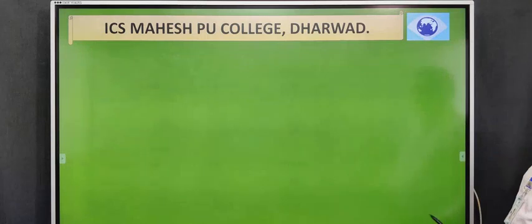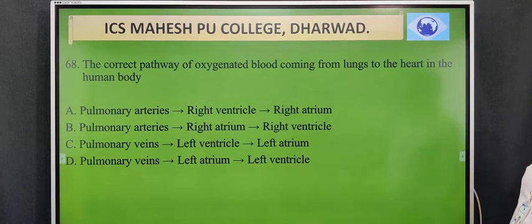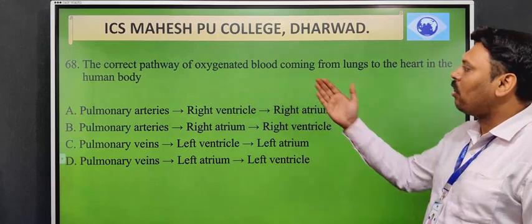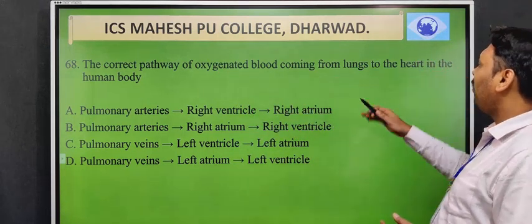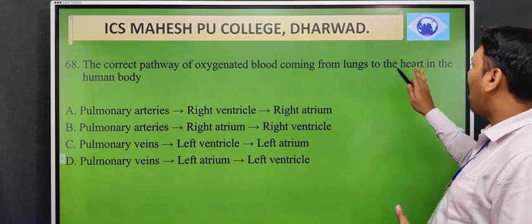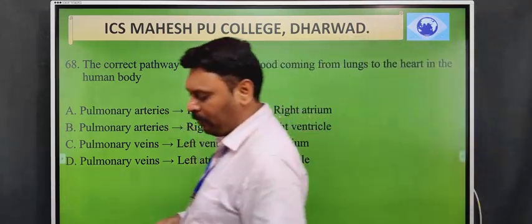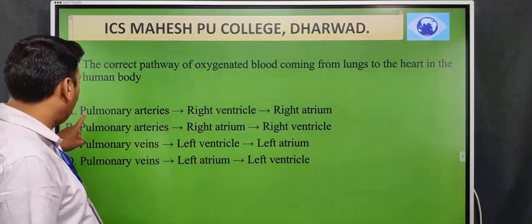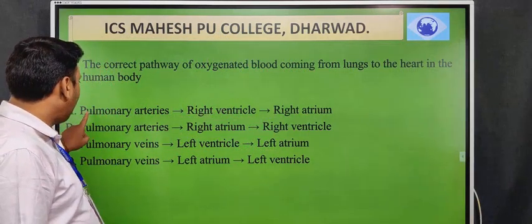Let us go to the next question, the 68th question. The correct pathway of oxygenated blood coming from the lungs to the heart in the human body. Four options are given.